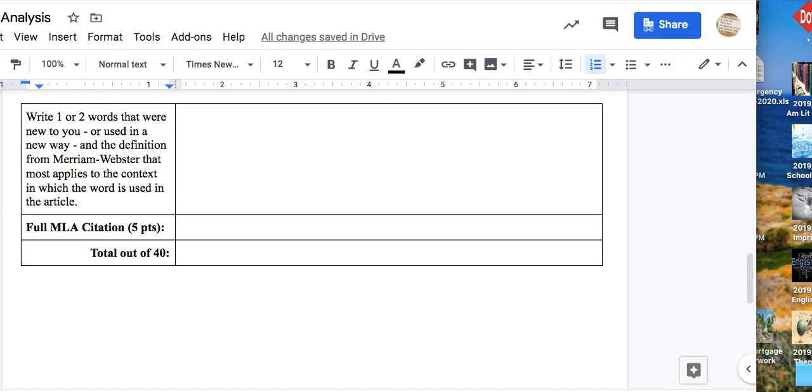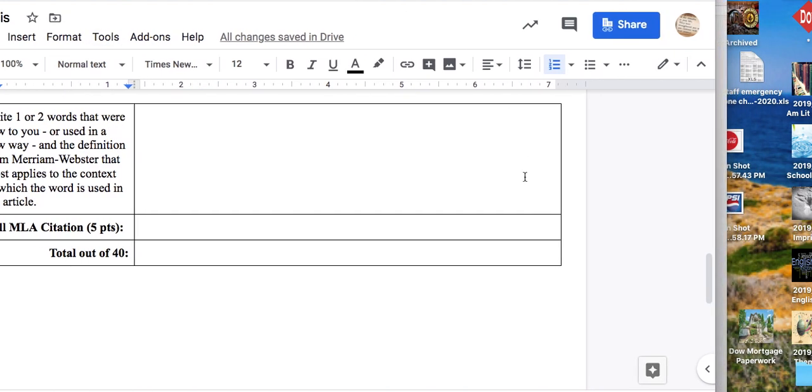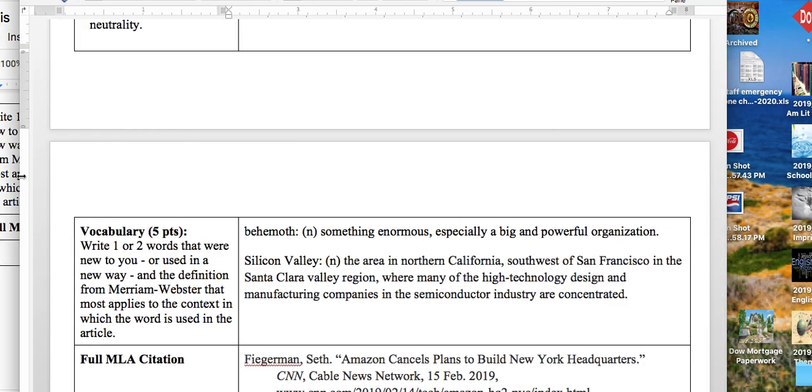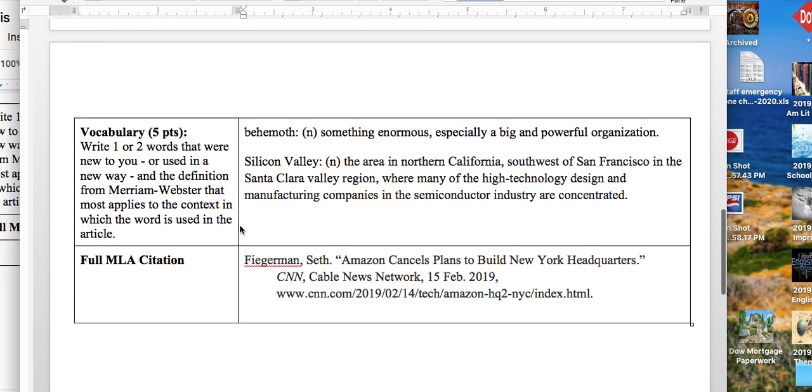In this case, and I liked this, so I wanted to show you, I'm sure you've heard of Silicon Valley, but I just wanted to point out that this particular student decided that Silicon Valley, while he had heard of it, while it was something that we associate with technology, just having the literal definition sometimes clarifies and makes you more confident in using the term yourself.